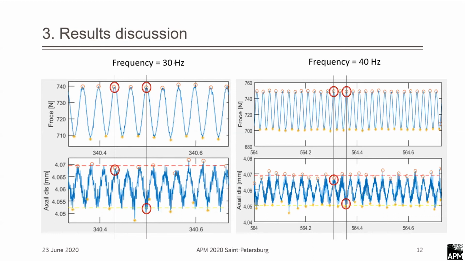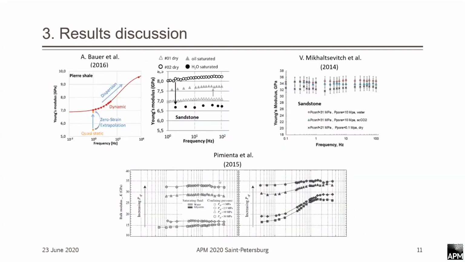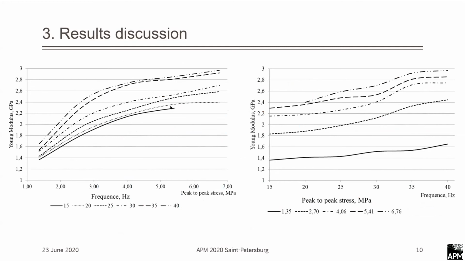For example, at frequencies of 30 Hz and 40 Hz, the phase shift occurs in both cases. By this phase shifting, energy is dissipating, and we see this picture of Young modulus dispersion.